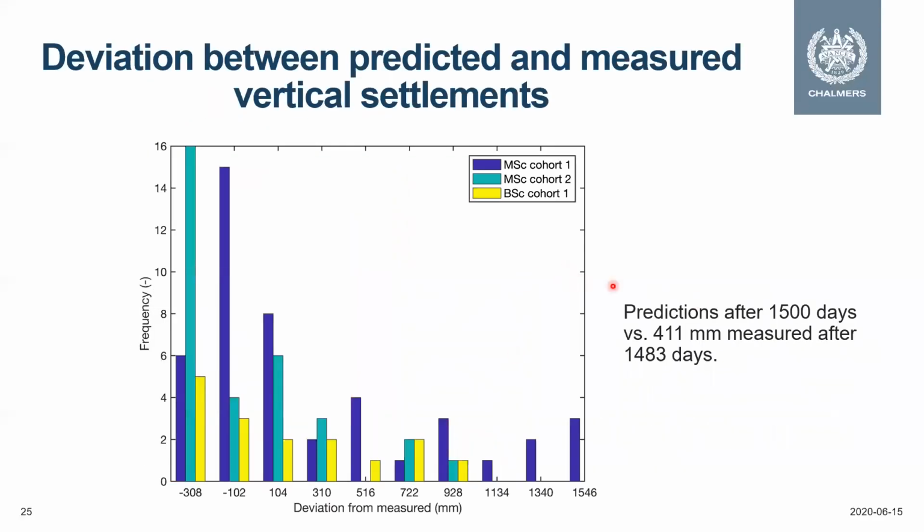If we then think about the predictions for those 3 years for which we had measurements, you see that there was a little bit more bias in the later years, for under-prediction rather than over-prediction. And the results by the BSc cohort were not so much different from the MSc cohort.